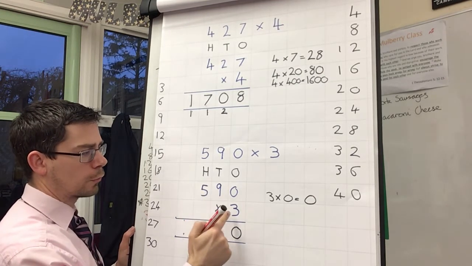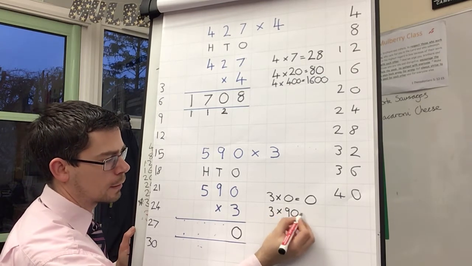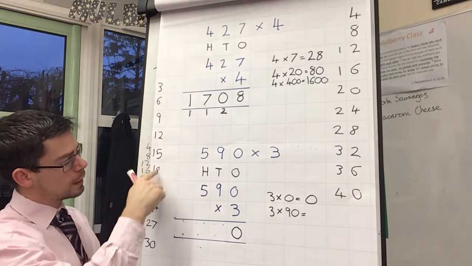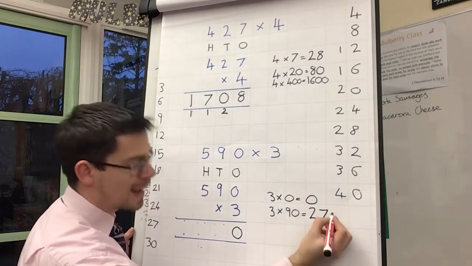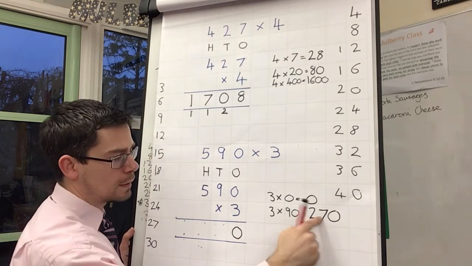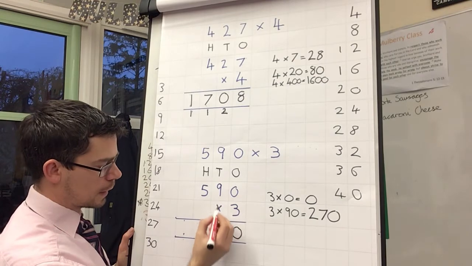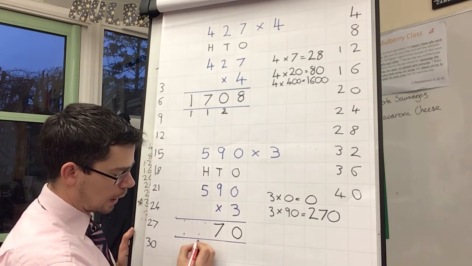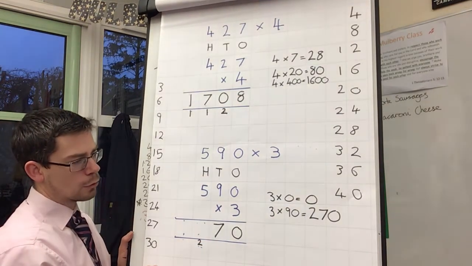The tens column, I've got 3 times 90, or 3 times 9 tens. 3 times 9 tens is 1, 2, 3, 4, 5, 6, 7, 8, 9, 27 tens. So I need to put in my 27 tens here. So the 7 goes in here, and the 20 goes in there, into the hundreds column.